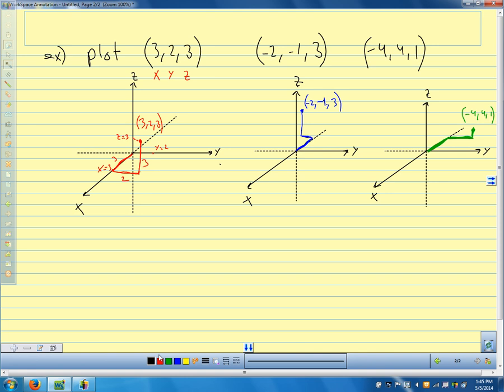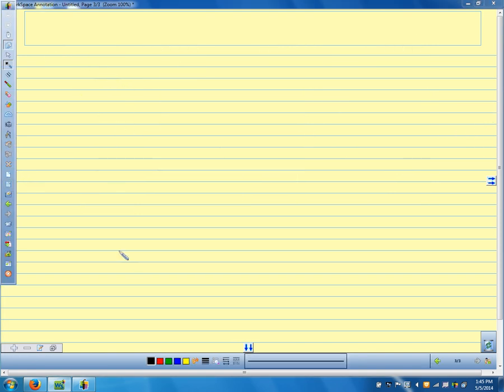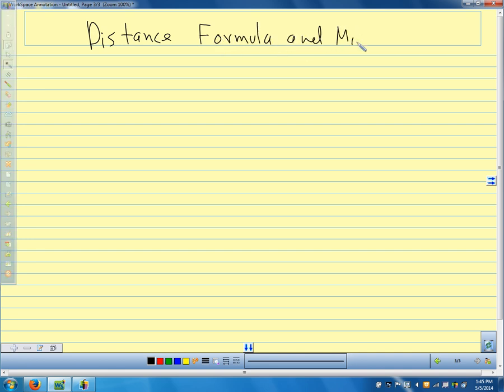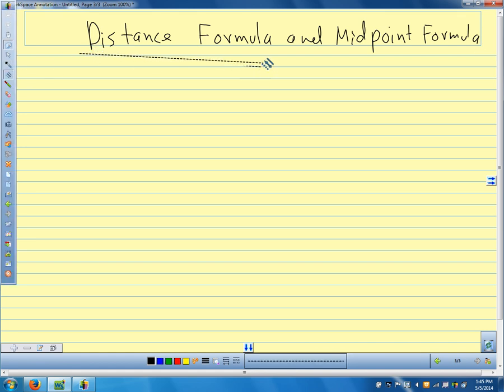All right, so let's talk about the distance formula and the midpoint formula. Our distance formula and our midpoint formula are exactly the same as they are in 2 dimensions.